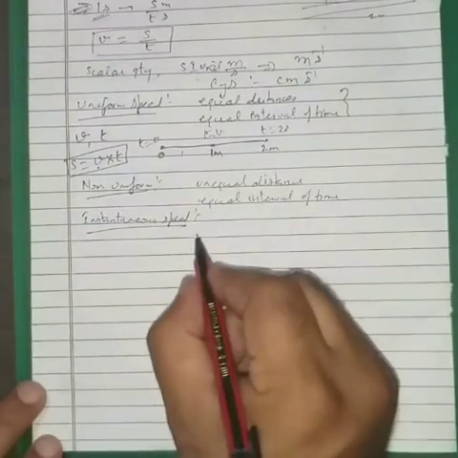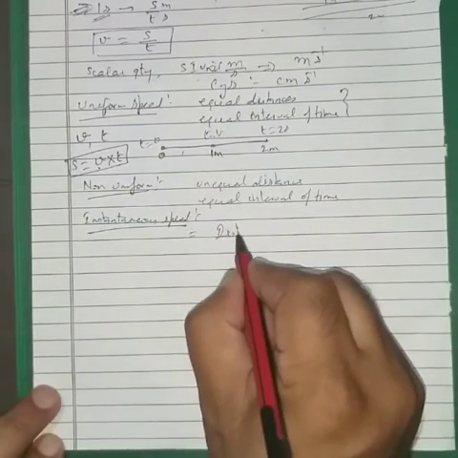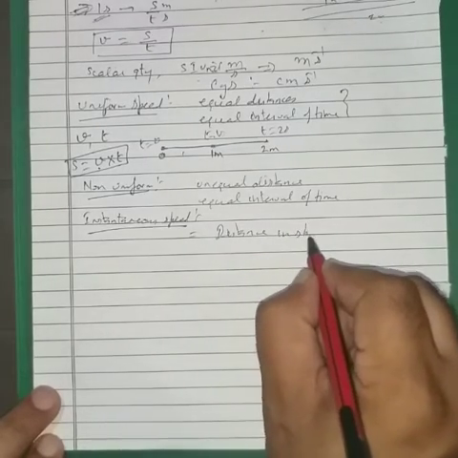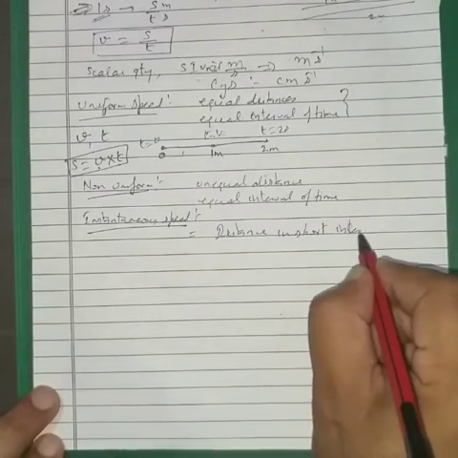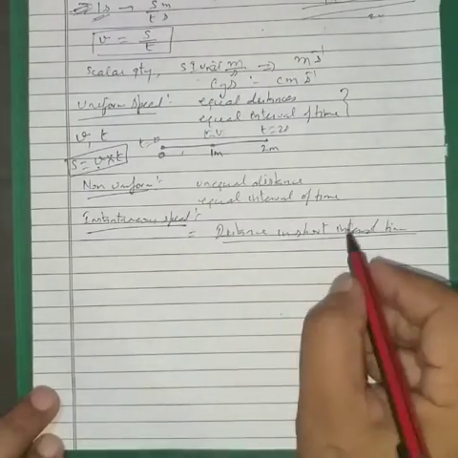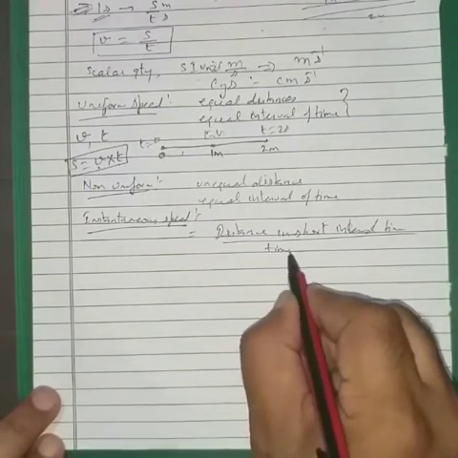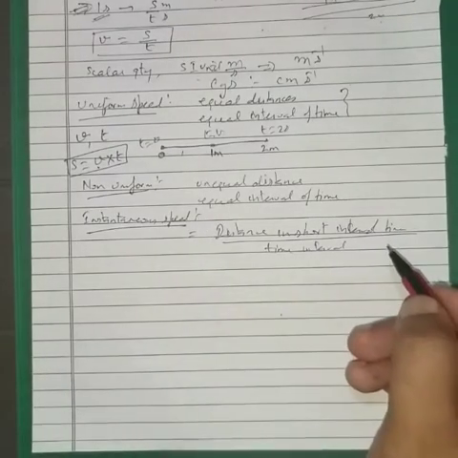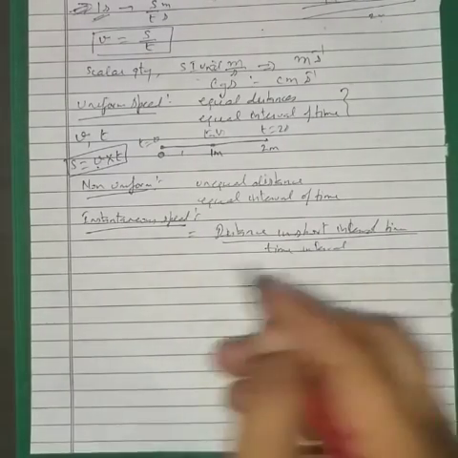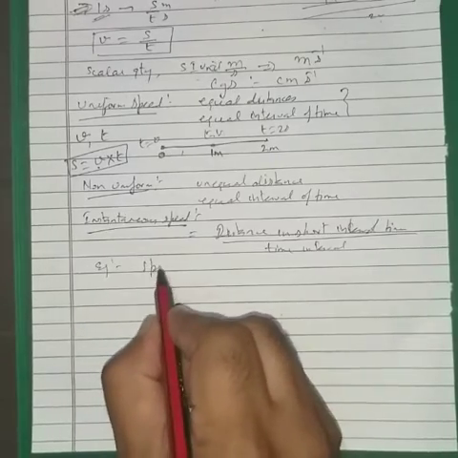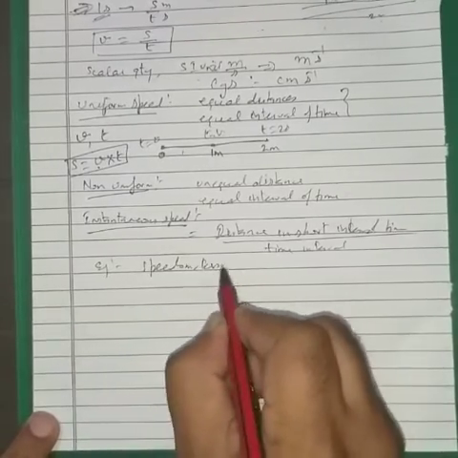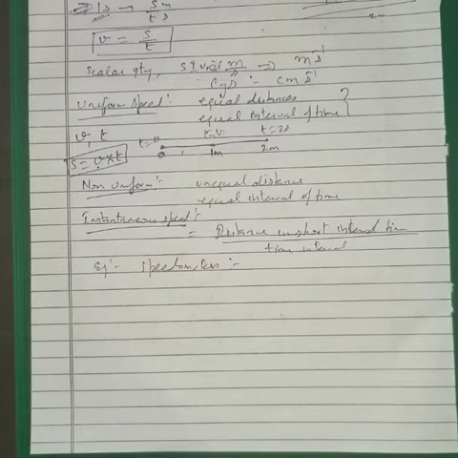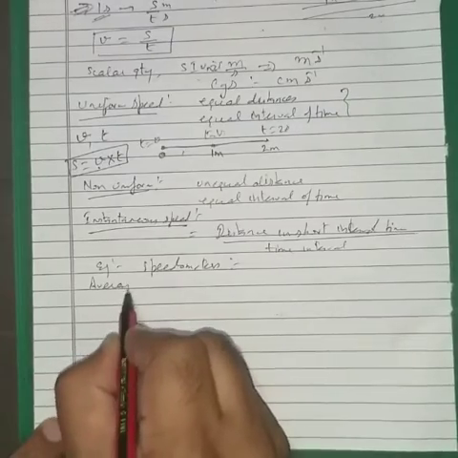So this instantaneous speed is equal to the distance traveled in a very short interval of time divided by that short time interval. So then we talk about instantaneous speed. The speedometers of our vehicles always give us the value of instantaneous speed, because we are always traveling with different speeds at different times on the road. Then we will talk about average speed.